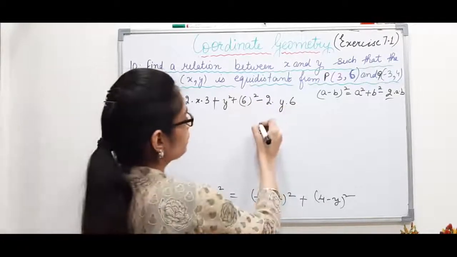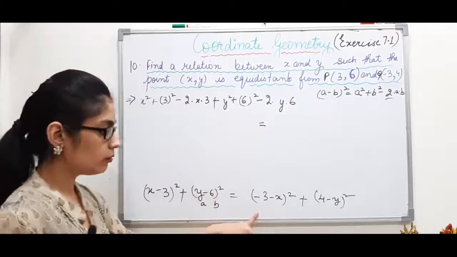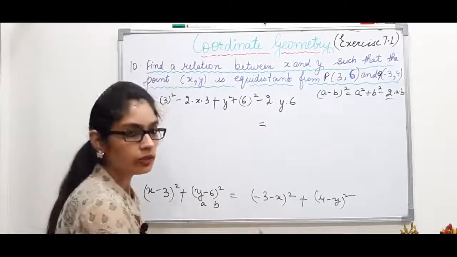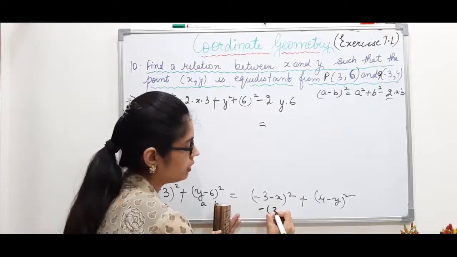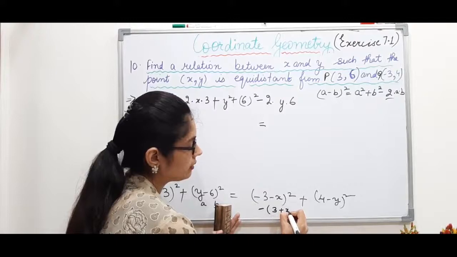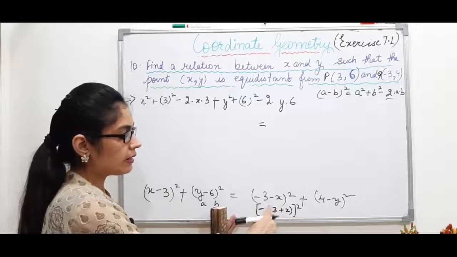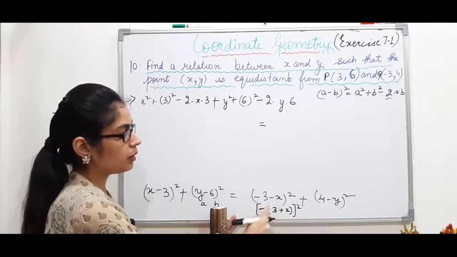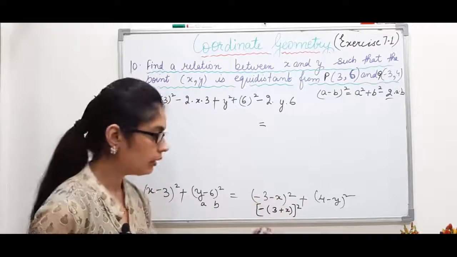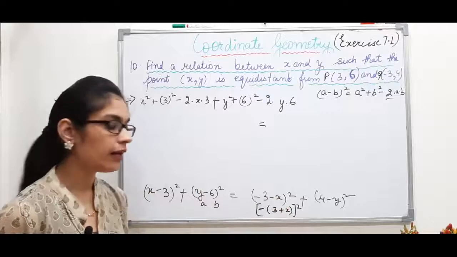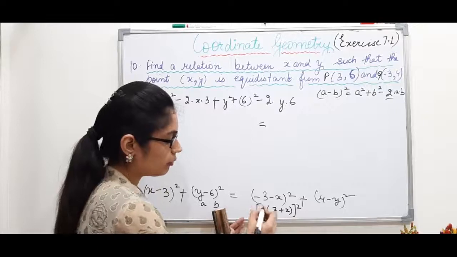On the other side, see here minus and minus signs are there, don't get confused. Whenever such a situation comes, just take the minus sign out. So it will become (3 plus x) whole square. If you multiply again with the minus and open the bracket, it will become minus 3 and minus x. Because minus was present in both terms, that's why I have just taken it out. Since we are squaring all the terms, the square of minus also we have to do.